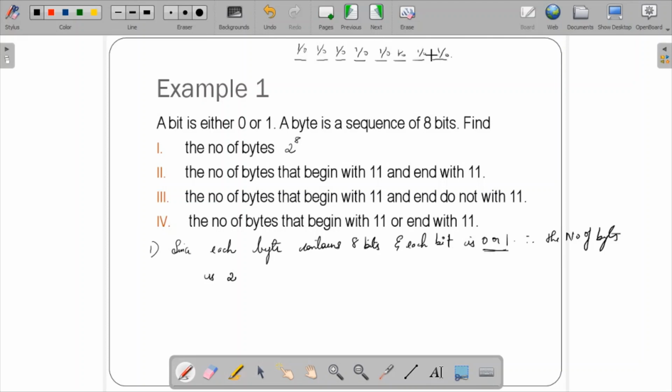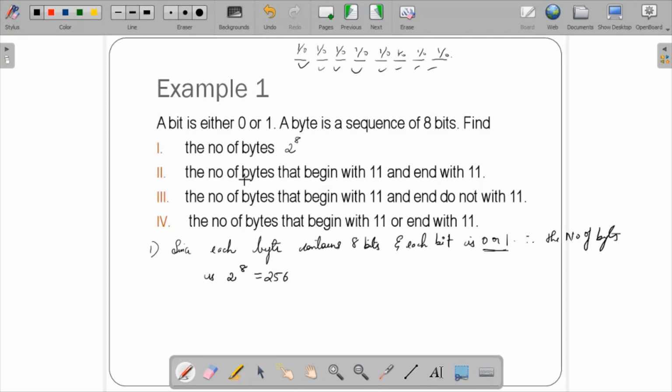The possible values you can fill are these two binary values. So there are two values. How many positions are there? 1 2 3 4 5 6 7 8. So it is 2 to the power 8, and the answer is 256. So this is regarding the first question.